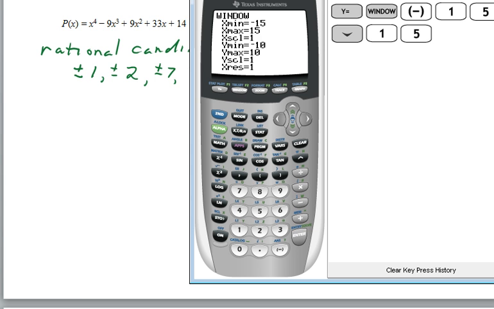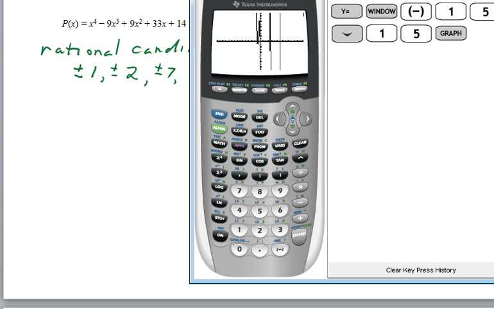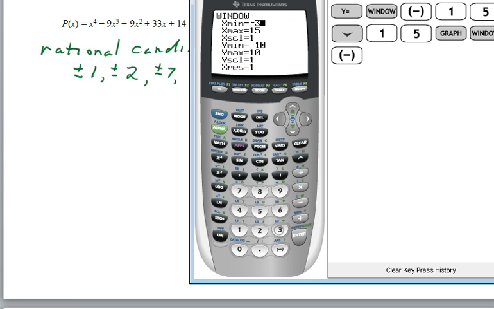And now when we graph, it appears as if our zeros are all occurring between about negative 3 and positive 10. So let's bring that in a little bit. So let's go negative 3 for x min and 10 for x max.